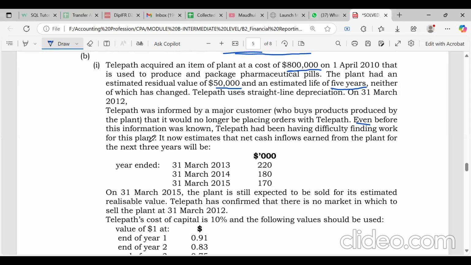So it means even the alternative use was an issue apart from that one. It now estimates that the net cash inflows earned from the plant for the next 3 years will be as follows.